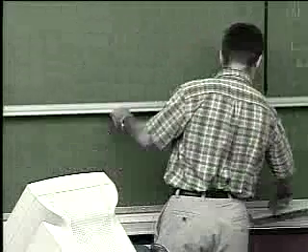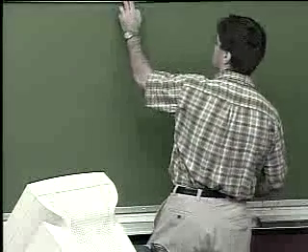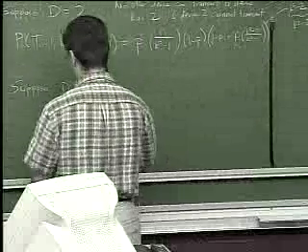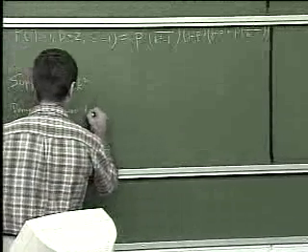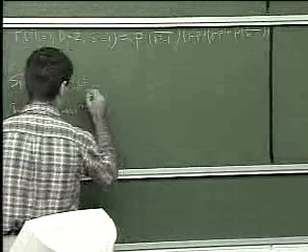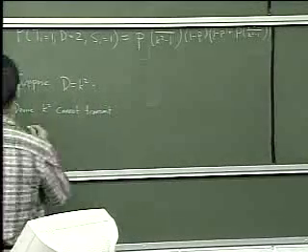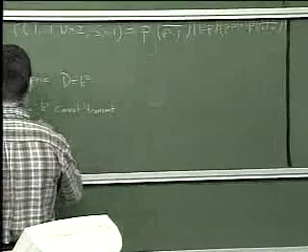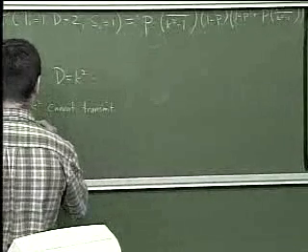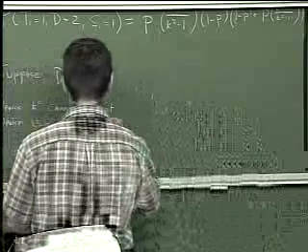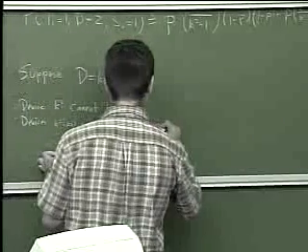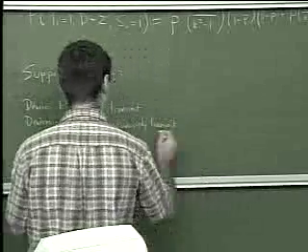Well, let's write that down. Okay, let's see. Device k squared cannot transmit. Devices k squared minus k plus 1 through k squared minus 1 can only transmit amongst themselves.